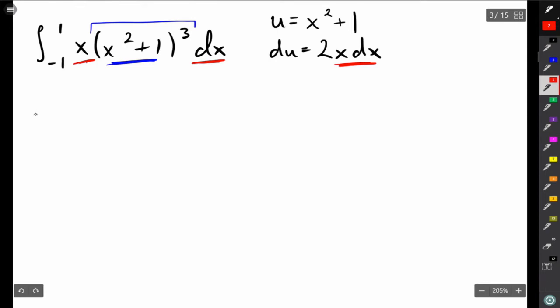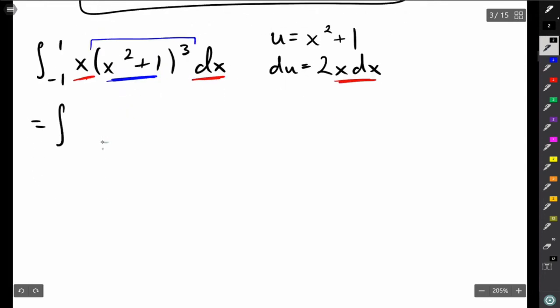So what we get here is the blue part becomes u cubed. The red part, we have to move this 2 over.